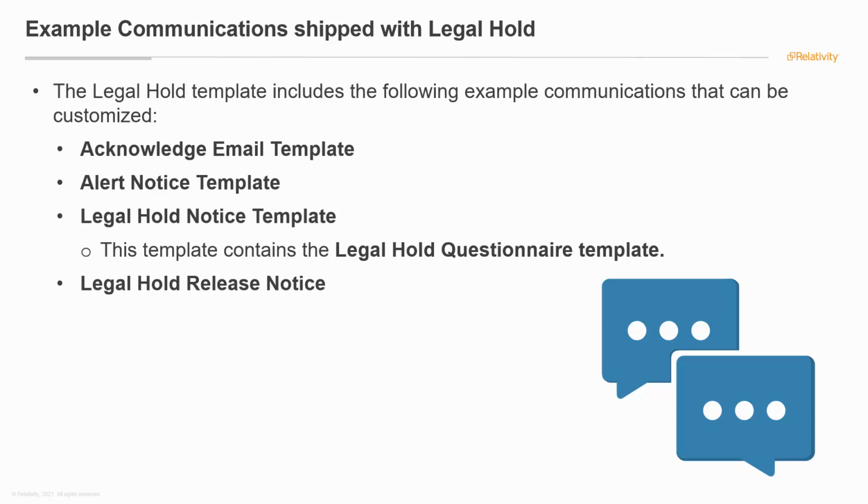Now, this template contains the legal hold questionnaire template, which contains the typical questions that a company might want to collect from a custodian, such as whether they had prior knowledge of the hold or if they have access to electronic documents that may pertain to the hold. The legal hold release notice notifies on-hold custodians that they have been released from the hold or project.